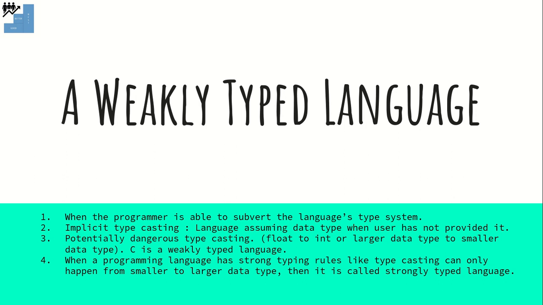Similarly, when the data type is not mentioned in the function argument, then the default assumption which the compiler makes is integer data type, which again could be a problem. That is why, because of all these features, C is considered as a weakly typed language.